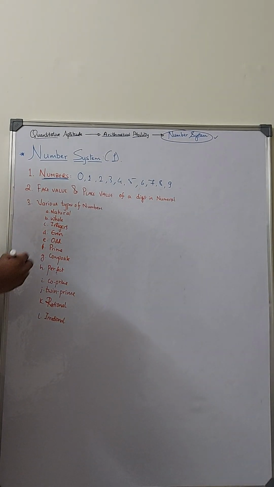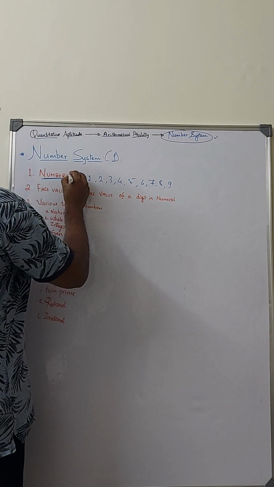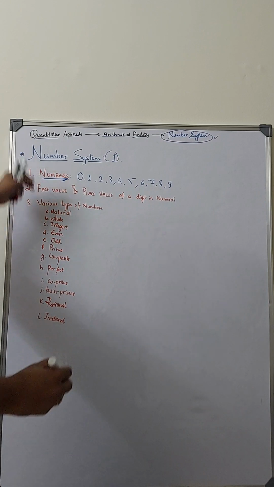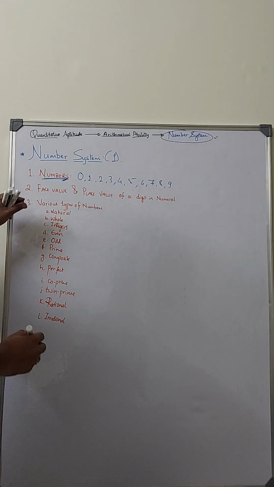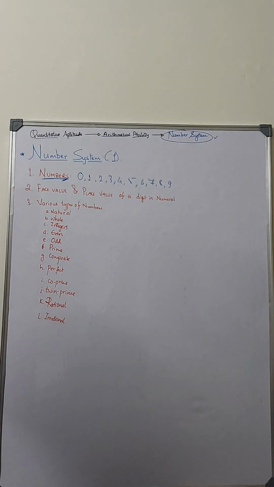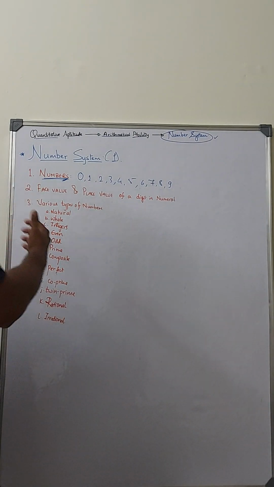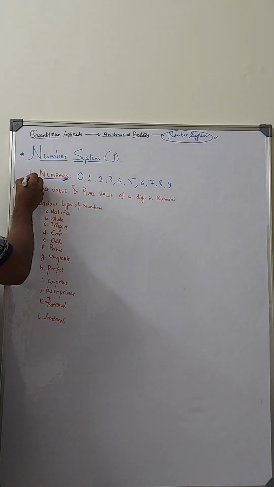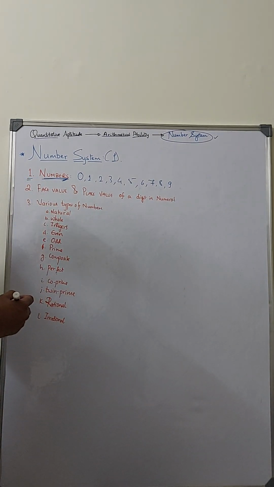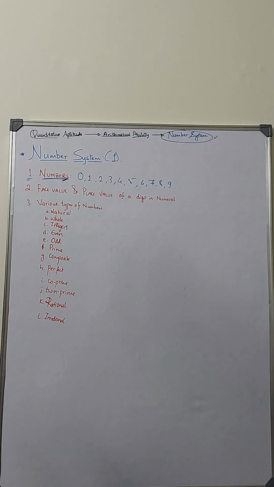But there is something interesting about these numbers as well. We will be studying various types of numbers, and the face value and place value of a digit in a numeral. So let's get to the second topic. The first was just the introductory part. In our Hindu numerals there are these numbers.